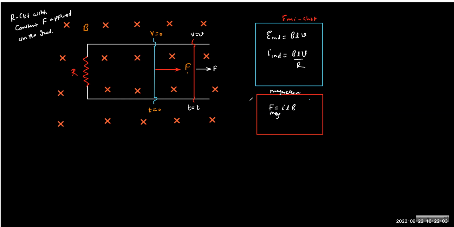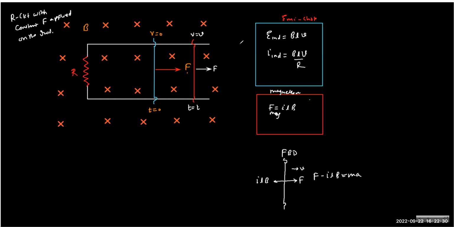So we'll first draw the FBD, the free body diagram of the rod. One is the applied force and the other is the magnetic force. So net force equals mass into acceleration: F minus ILB equals M into A.